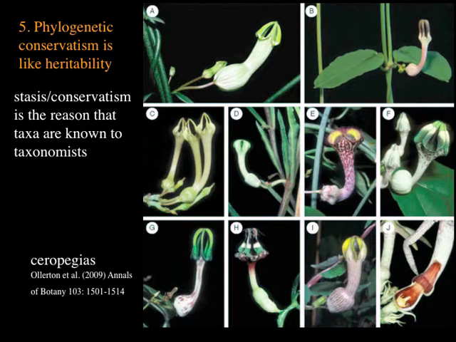Those are characters that are subsidiary to the architecture of the flower. And actually, these flowers belong to the same group as milkweeds, and that business of having 5 slits where there's a pollen sac that dries onto it is a character that belongs to a larger group than just the Ceropegias. So there's conservatism within conservatism for these flowers.